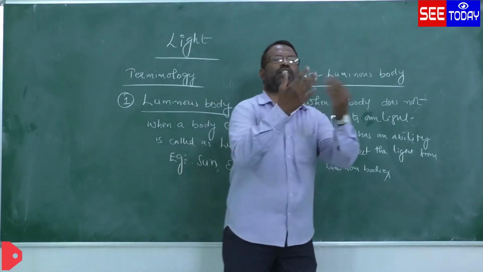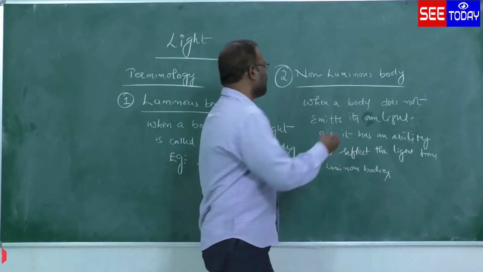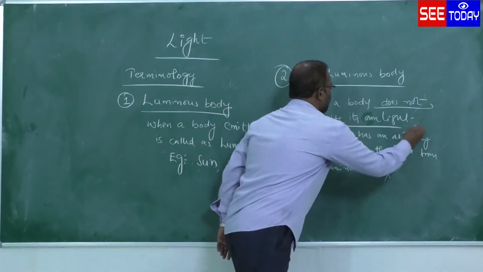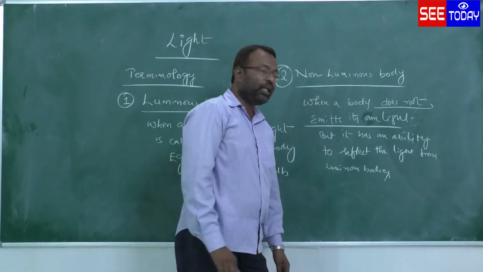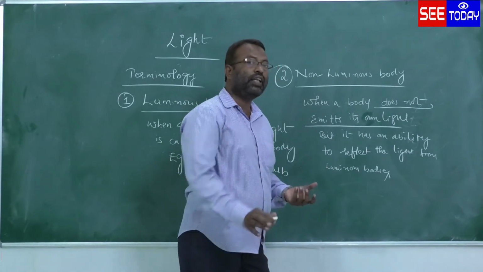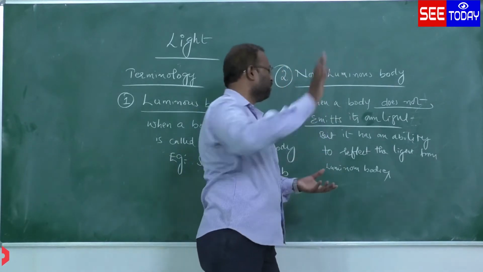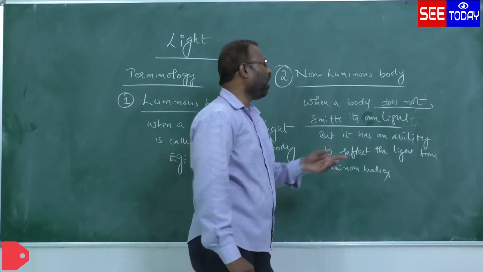It does not emit its own light. Very simple. Does not emit its own light, but has an ability to reflect the light when the light falls from some luminous body.